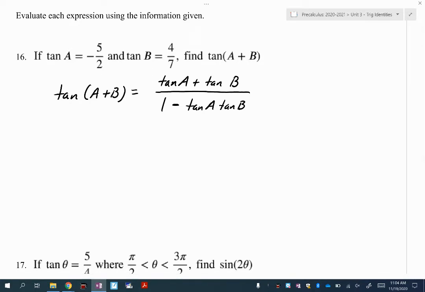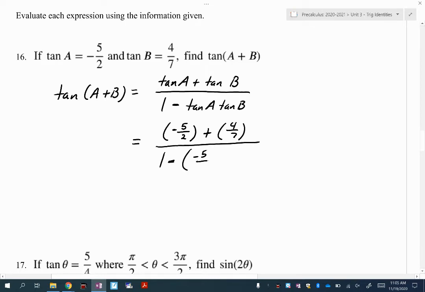We have the tangent of A, we have the tangent of B. So this becomes very much just a plug it in and go to Desmos. So that's going to be negative 5/2 plus 4/7 all over 1 minus negative 5/2 times 4/7. So I'm going to go to Desmos and type this in.